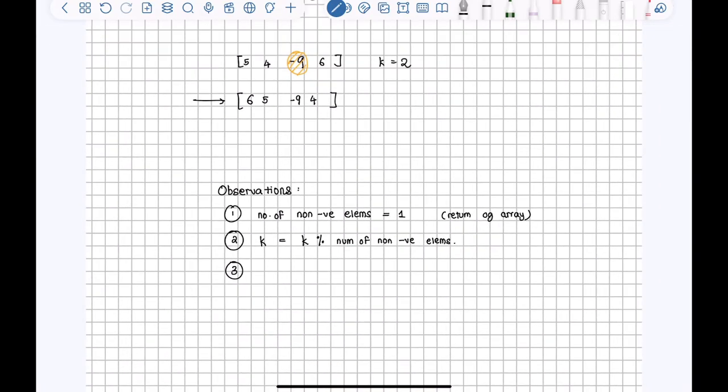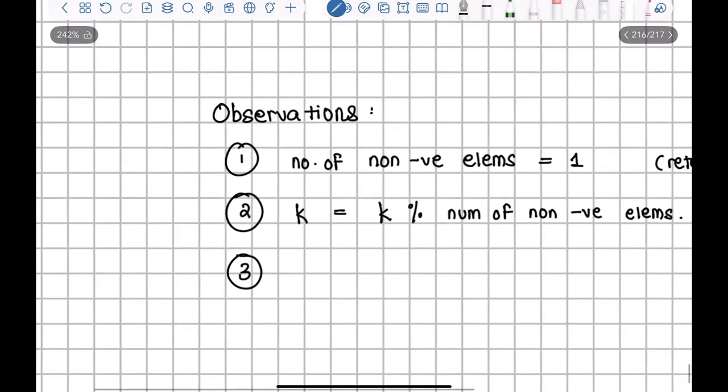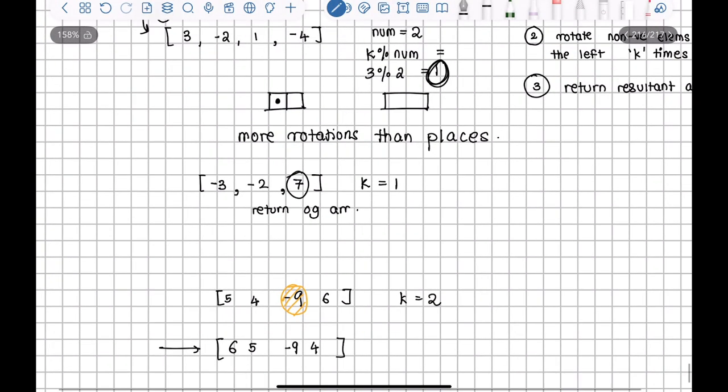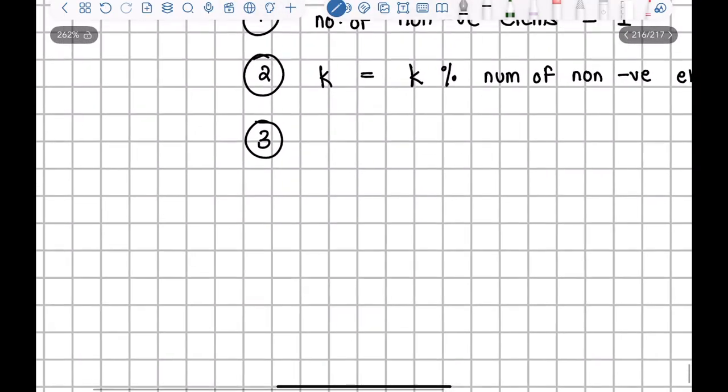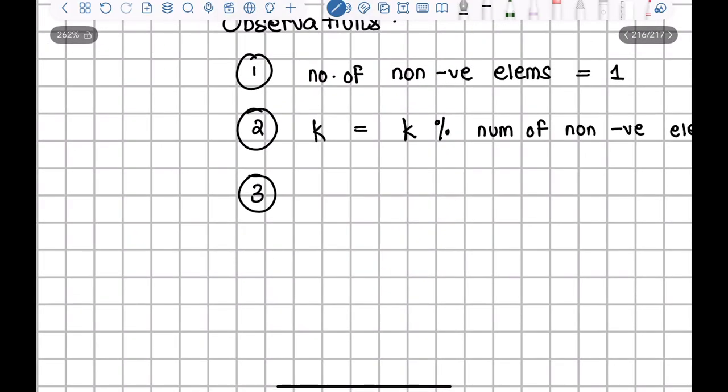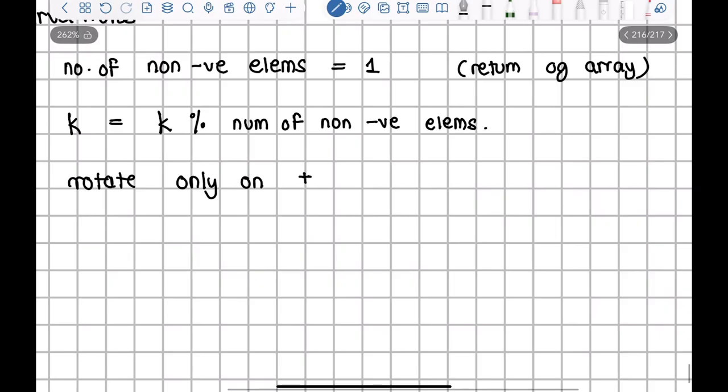What was my third observation? My third observation was that I need to keep them as it is, and I need to rotate only on positive, that is non-negative places, rotate only on non-negative places.